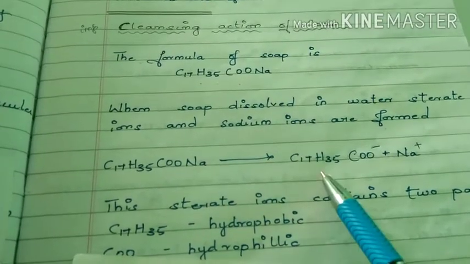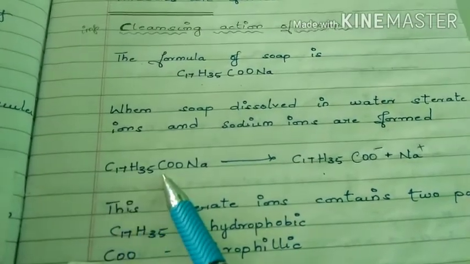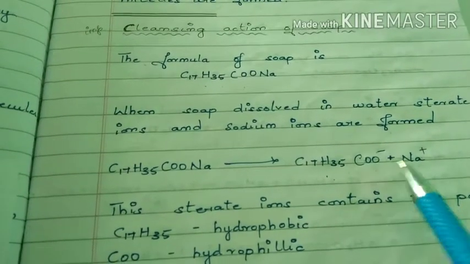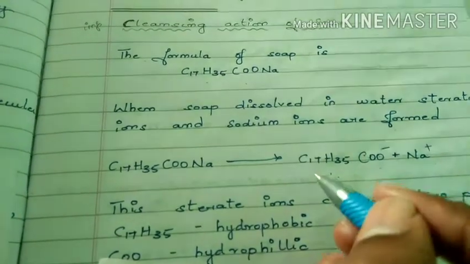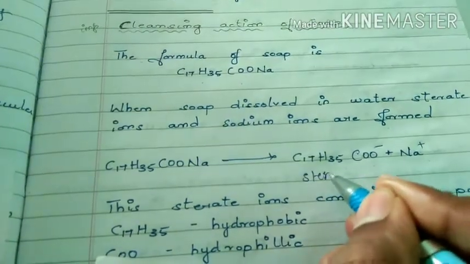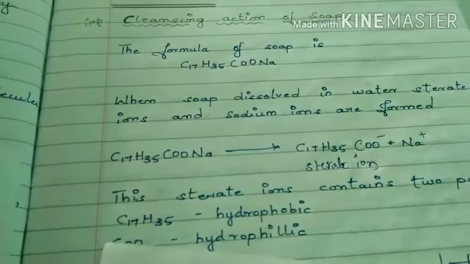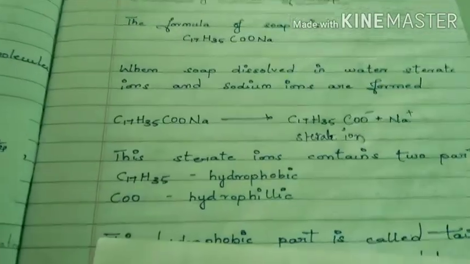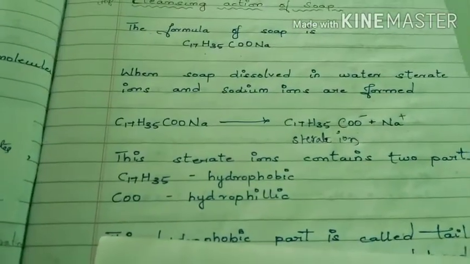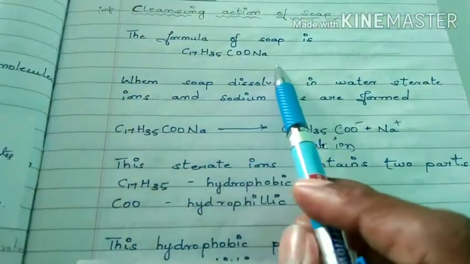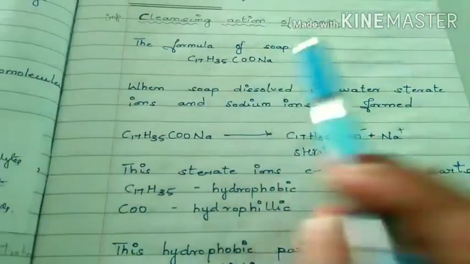Then this reaction takes place: C17H35COONa gives rise to C17H35COO minus and Na plus. This is called the stearate ion, and this is called the sodium ion. When we apply water to soap, dissociation of sodium stearate takes place immediately.